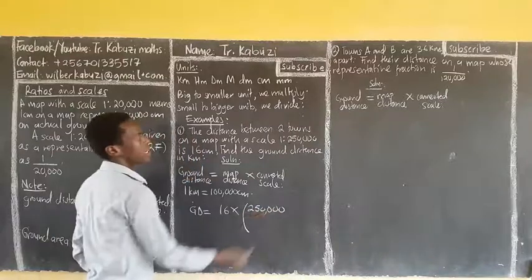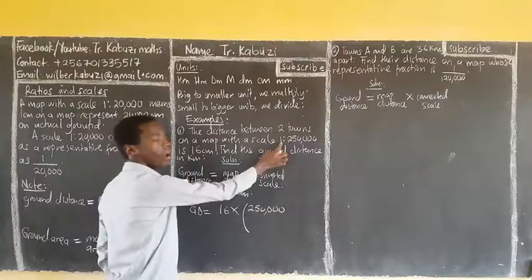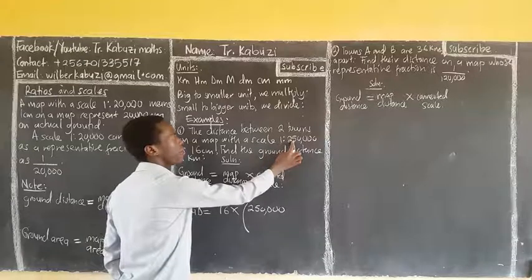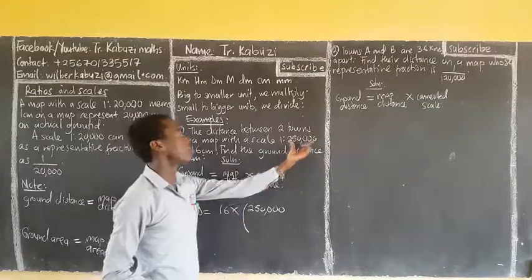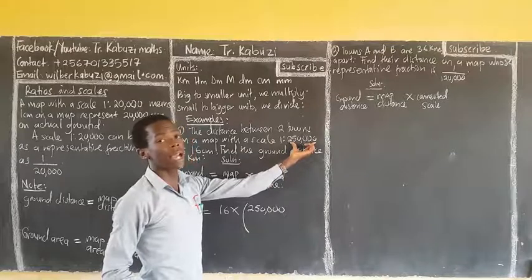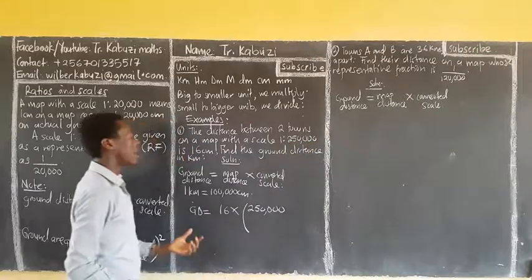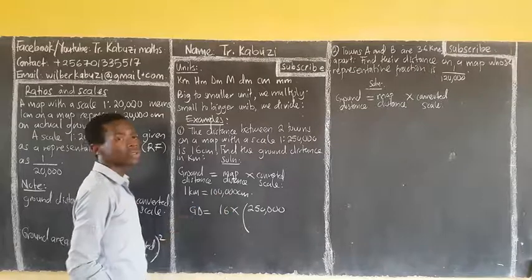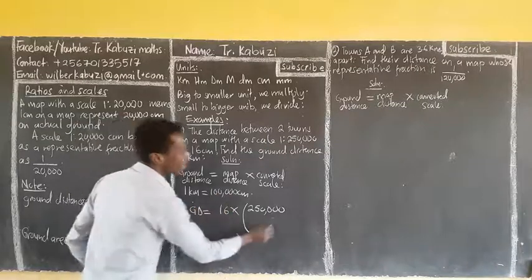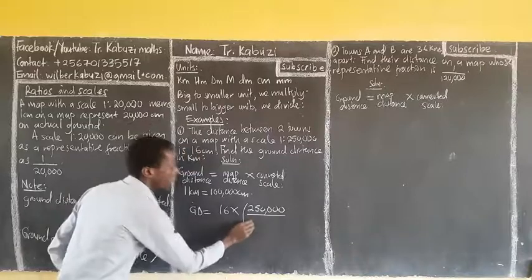You know these are centimeters, because this is 1 centimeter on the map representing 250,000 centimeters on the ground. So I need now to convert this scale to kilometers. That's why I'm going to divide it by 100,000, because 1 kilometer is equal to 100,000 centimeters. So this is the converted scale now.